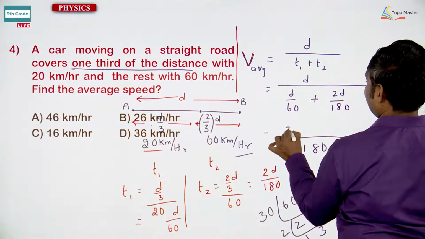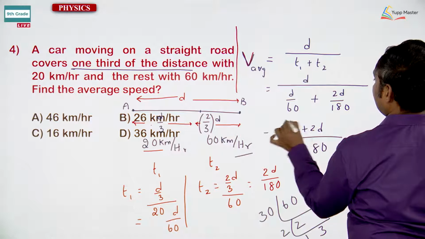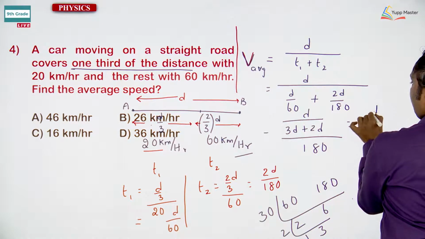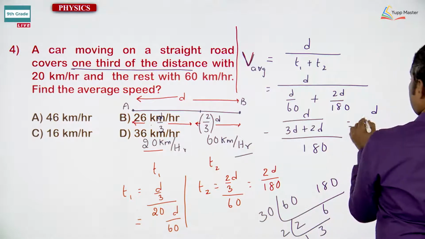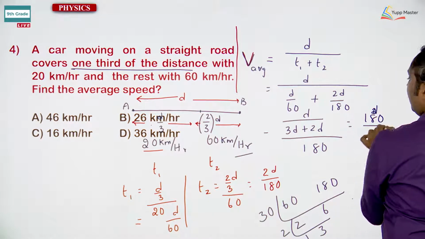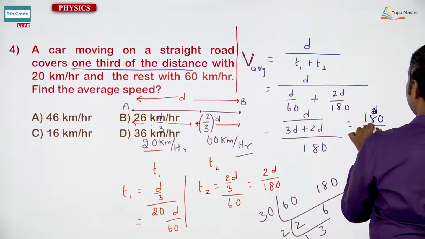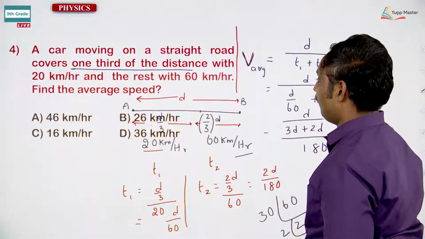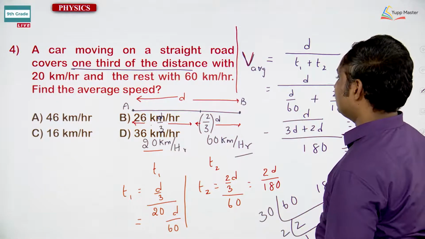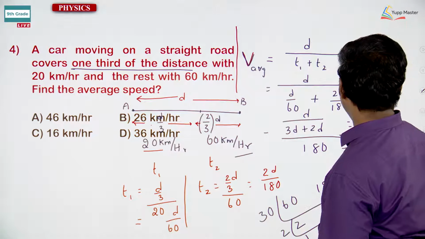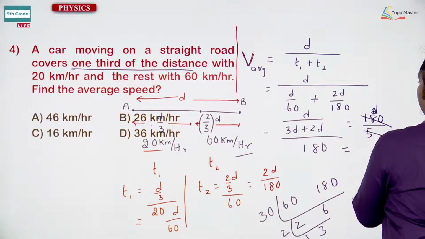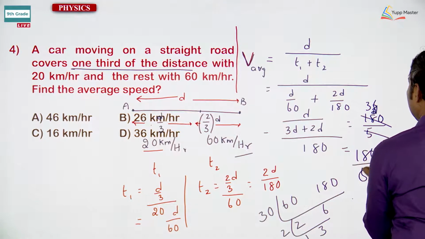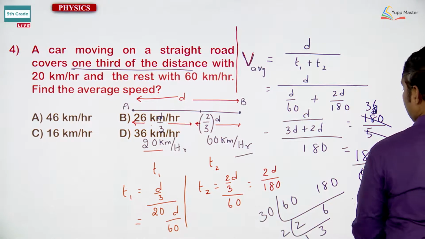You get 3d plus 2d by d, that is d by, and after the cancellation, 180 by 5. You will get 36, just take the calculations, 180 by 5 kilometer per hour.